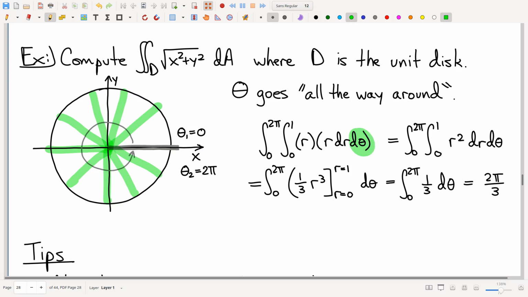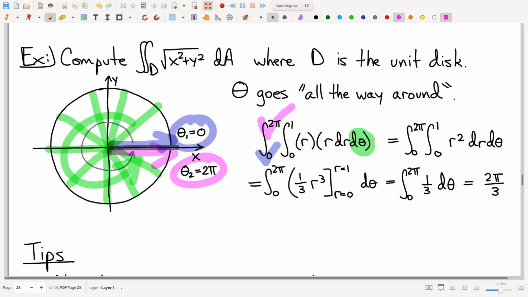And theta, I'm going to imagine as starting right there where theta is 0, and it goes all the way around until we're done making our region, and then it ends having gone all the way around at 2 pi. I don't have to draw any pullback domain at all. Theta goes from 0 to 2 pi. Is that cool?